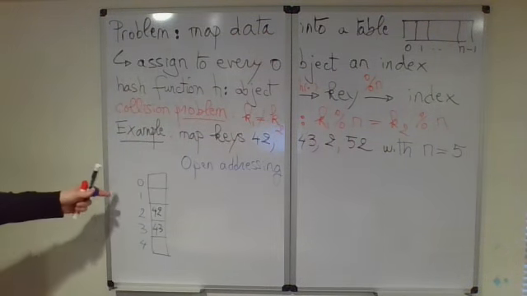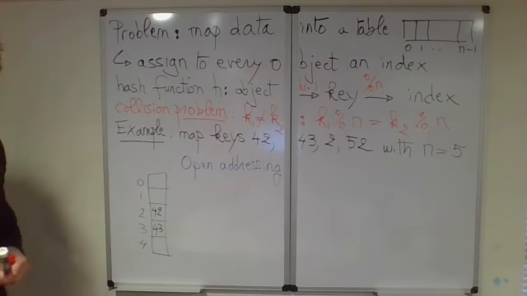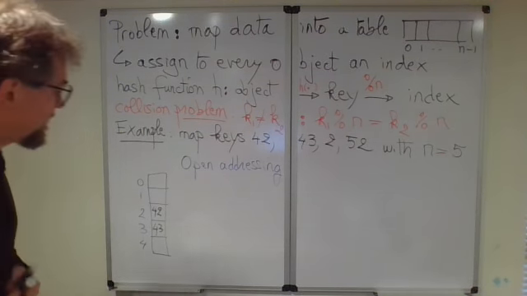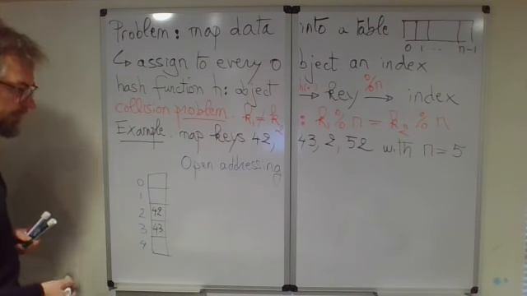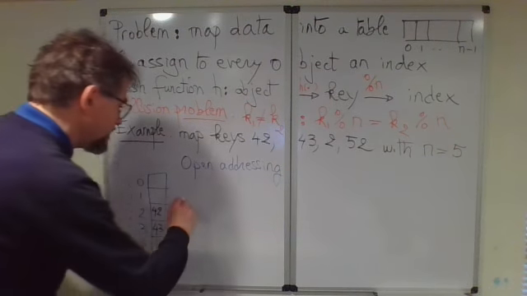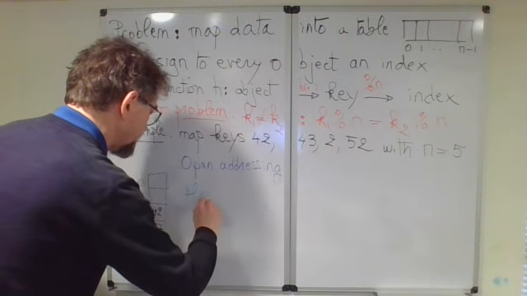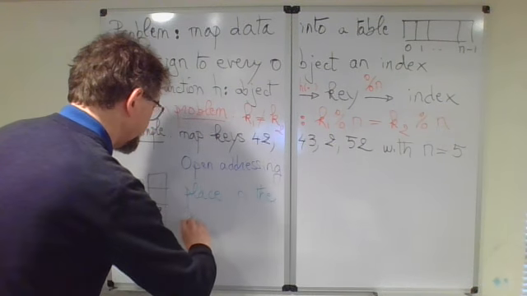With open addressing, we're going to look for the first open spot where we're going to place 2. We cannot place it in 3 because that's occupied by 43, so we place the next element in the next open spot.